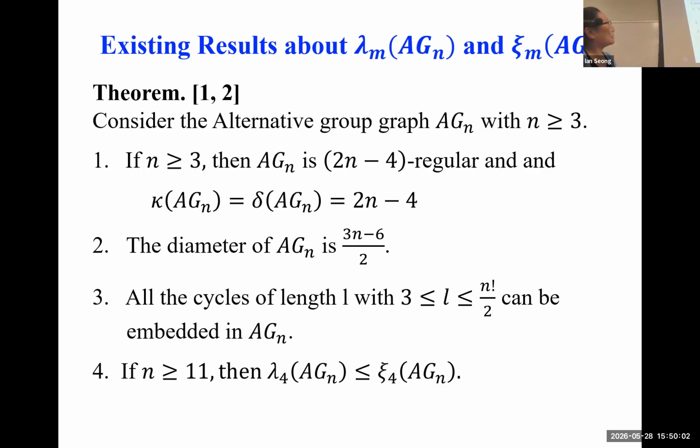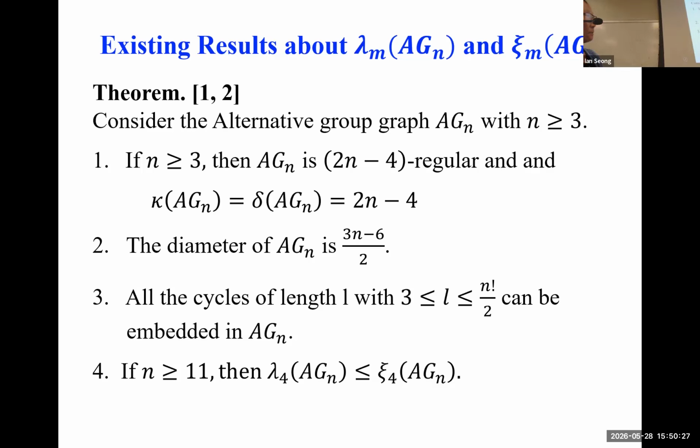But here, if we look at the graph AGN, some properties about AGN: AGN is 2n minus 4 regular, so it's a regular graph. The connectivity of AGN is the minimal degree, 2n minus 4. The diameter of the graph is (3n minus 6) over 2.